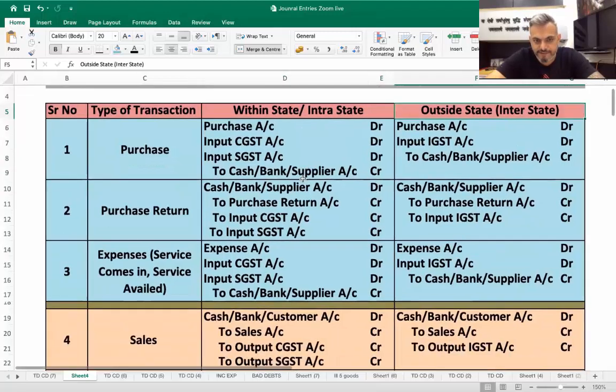If it is within state, we use CGST and SGST. If it is outside state, we use IGST. So be careful when you read the transaction, whether it is taking place in the state where the business is registered or is an outside state transaction.